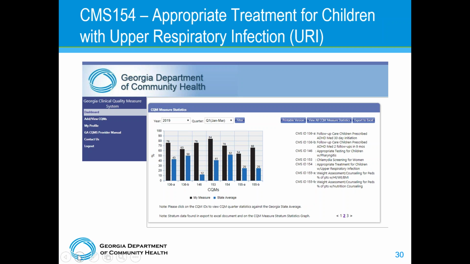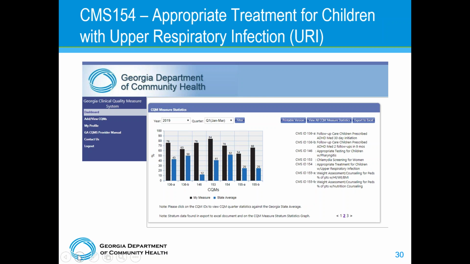So again, I would need to evaluate if I'm happy with that number, what else can I do for that 30% that remain. I should be thinking about education, maybe for the patient or the parent, that treatment of viruses does not require antibiotic therapy.